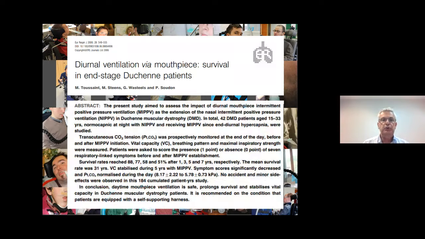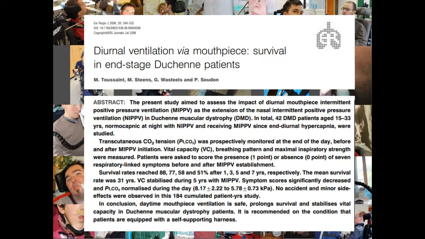We published in 2006 already a study in the European Respiratory Journal on 42 patients with Duchenne dystrophy using this technique. We concluded that mouthpiece ventilation was safe, can prolong survival, and can also stabilize vital capacity even for 5 years. This is interesting.